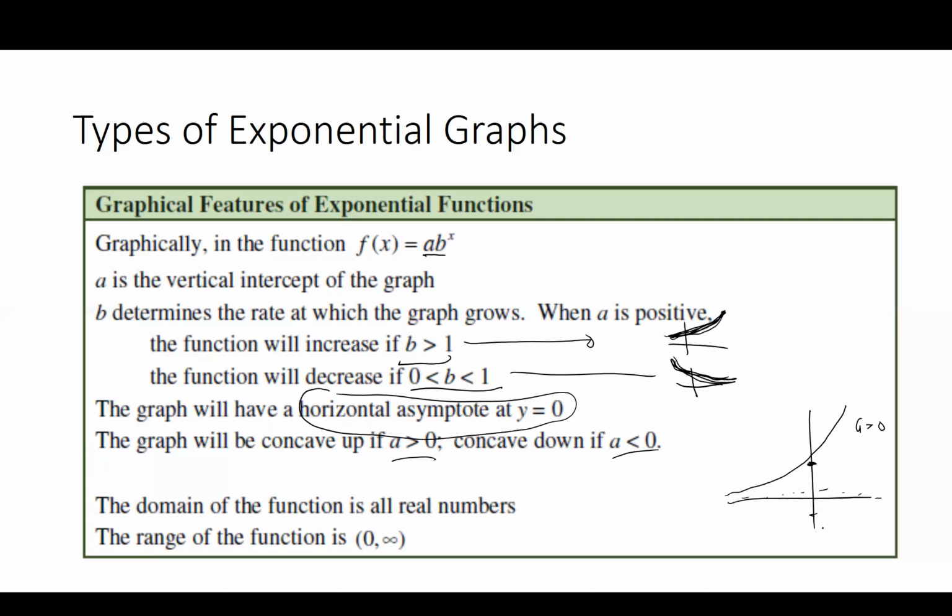If a is down here, that's going to be below the x-axis. So if a is less than 0, what I'm saying is I took this thing and I reflected it about the x-axis. The domain is all real numbers. This thing goes all the way to the left and all the way to the right, and the range is, well, from 0, because it never actually touches the x-axis, all the way up.